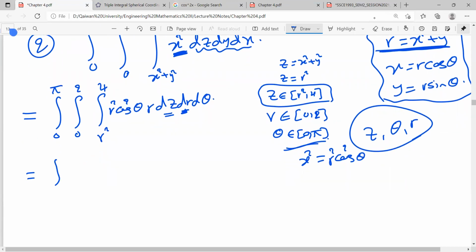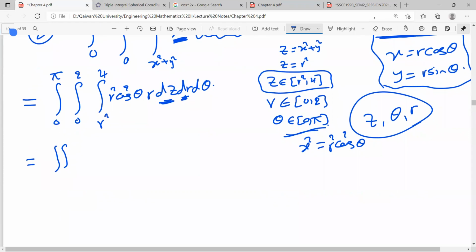First we take the integration with respect to z. It's the double integral from 0 to pi and from 0 to 2 of this one. Here we have r times r squared. R and r squared becomes r to the power 3, or r cubed. The integration of r cubed cosine squared of theta. Here we have no z in this term, so it's a constant regarding the integration with respect to z.